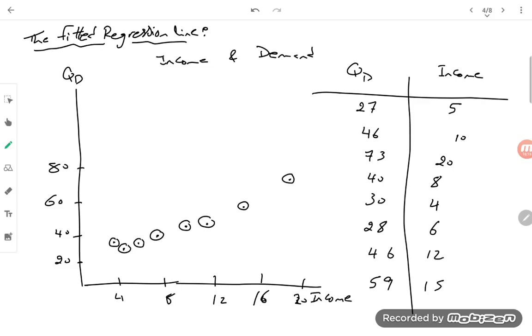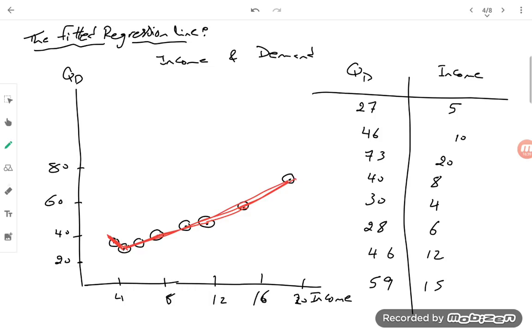So if you are going to connect these points together, we cannot determine whether it is decreasing or increasing. This is the true relationship.